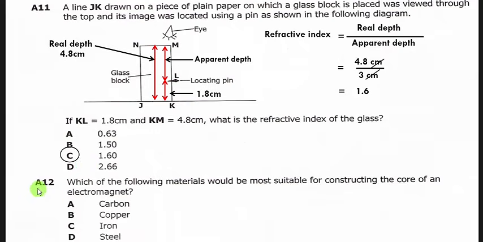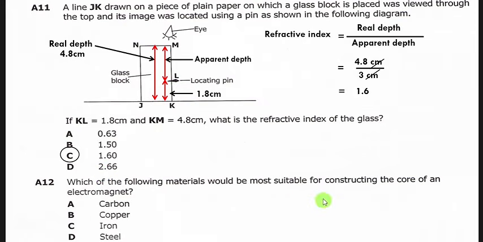Then here we are told that in A12, which of the following materials would be most suitable for constructing the core of an electromagnet? The core of an electromagnet is a substance upon which the coil is wound.